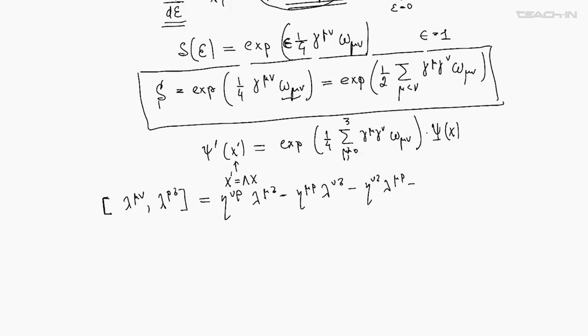In fact, looking at this expression, you recognize that this is nothing else but the commutation relation between generators of the Lie algebra of the Lorentz group. So these matrices lambda are nothing else but generators of the Lie algebra of the Lorentz group.